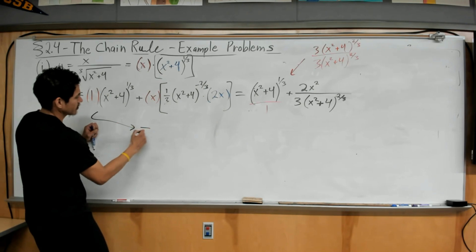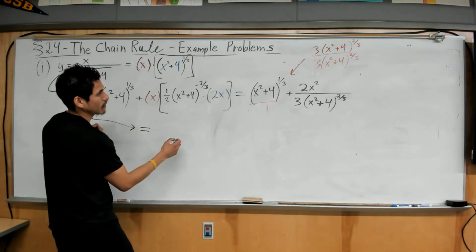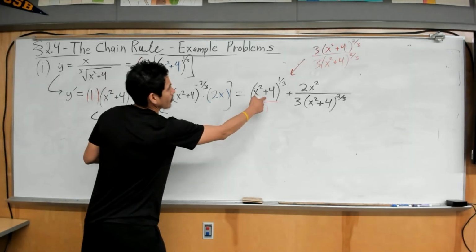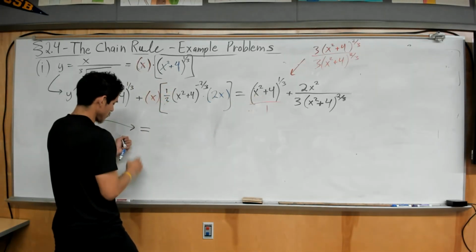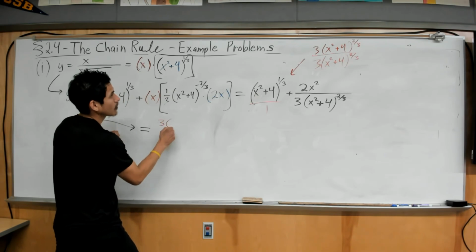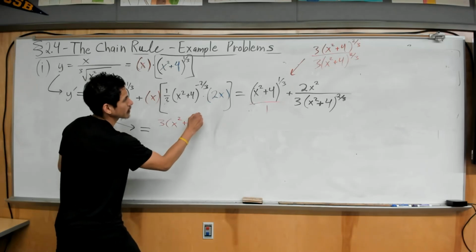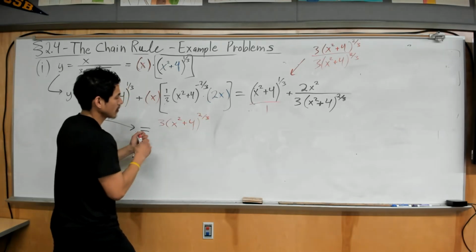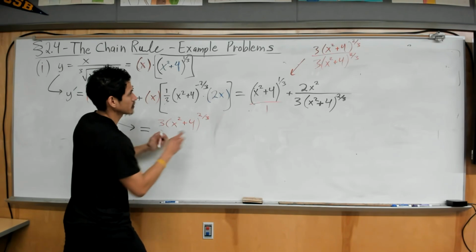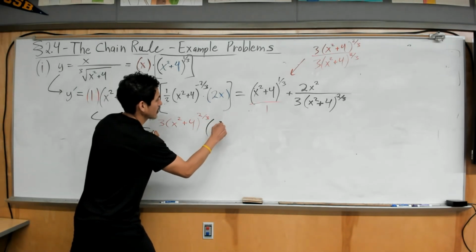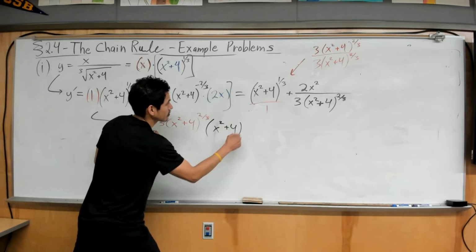So for the sake of time, this will be multiplied by 3 times x squared plus 4 to the 2/3 power times x squared plus 4 to the 1/3.